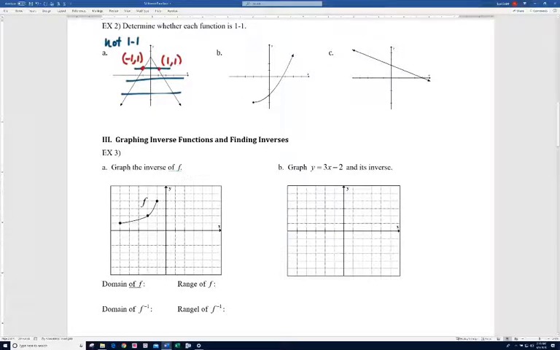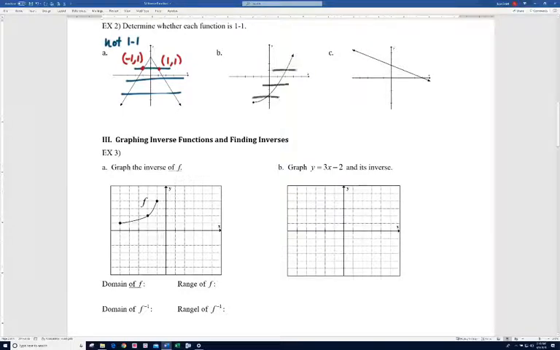We have -1, 1 and 1, 1. Notice the y value repeats. And again, different x values don't have different outputs. So in any case, that's not going to be one-to-one.